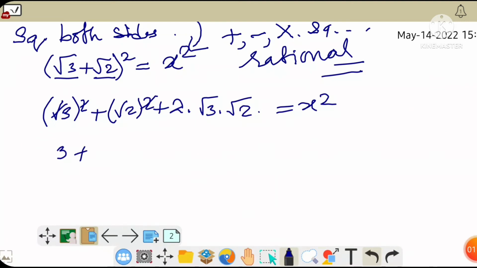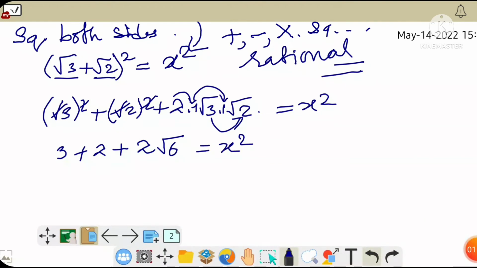So root 3 square is 3, root 2 square is 2, plus we'll multiply the numbers outside the root, 2 ones are 2. So 2, and 3 into 2 is 6, root 6 equals x square. 3 plus 2 is 5, plus 2 root 6 equals x square.